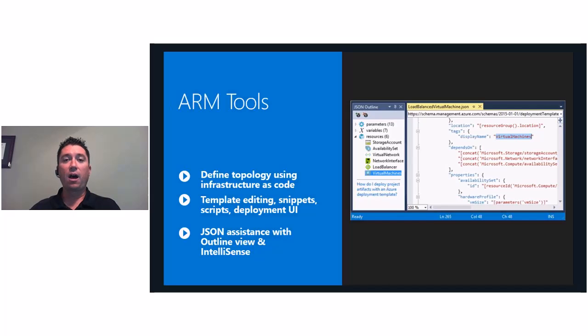You have things like autocomplete and sensing of if you're malforming parameters or you're not specifying the parameter in the right location. It allows you to easily identify that and correct. You can also then take advantage of other tooling inside of Visual Studio that is usually reserved for other types of projects, such as template editing, snippets of code, deploying scripts, a deployment user interface, which is really great for deploying your ARM templates, and allowing you to better visualize your ARM template using what's called the outline view.